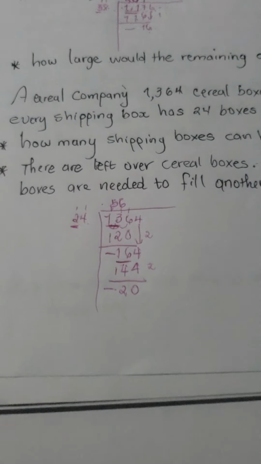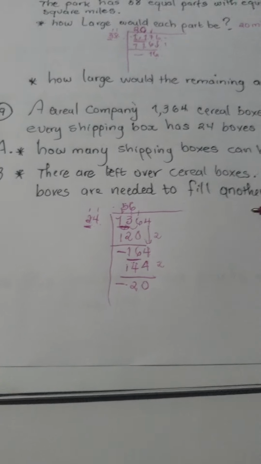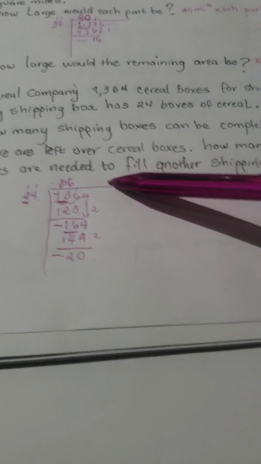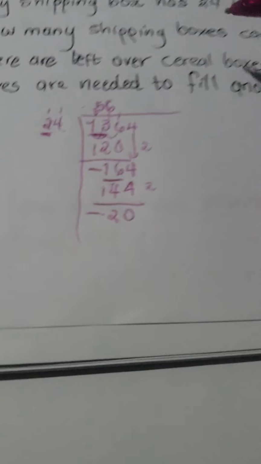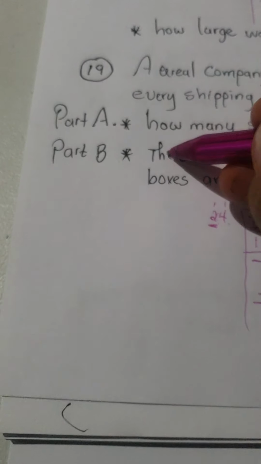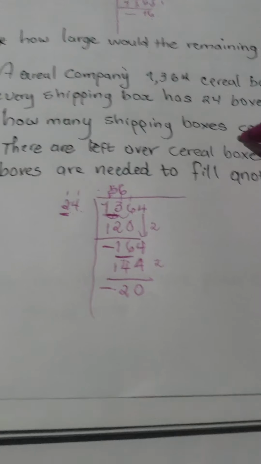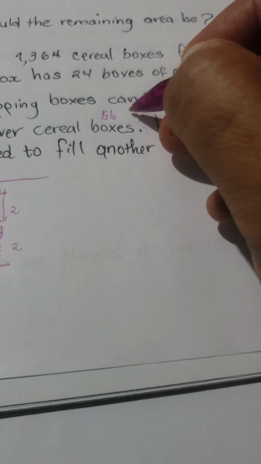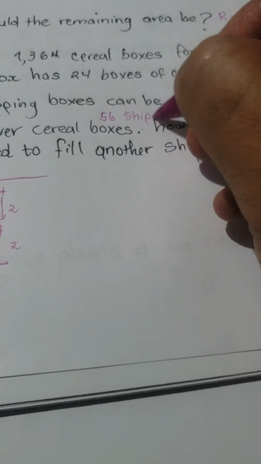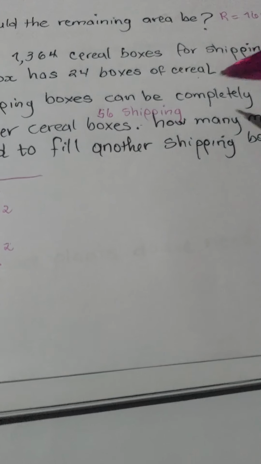So now we have the answer. The answer is 56. That will be the answer for part A over here. See, how many shipping boxes? Well, 56 boxes. So I'm going to write it here. 56 shipping or huge or large boxes.